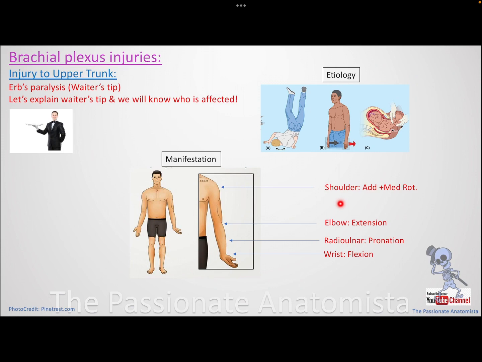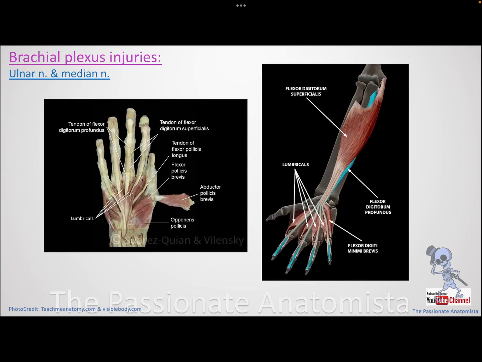So C5 and C6 are involved in all of the motions that are opposite to these. If I lose the opposite, that will put me in these positions. So just put your hand like that, explain that, and you're ready to answer any exam question related to Erb's paralysis.